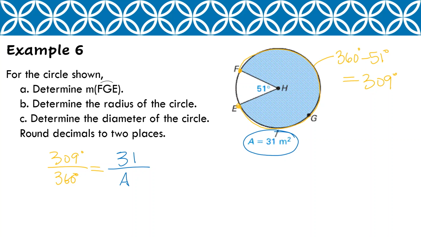We can cross multiply and divide. So go ahead and multiply 31 times 360, divide by 309.